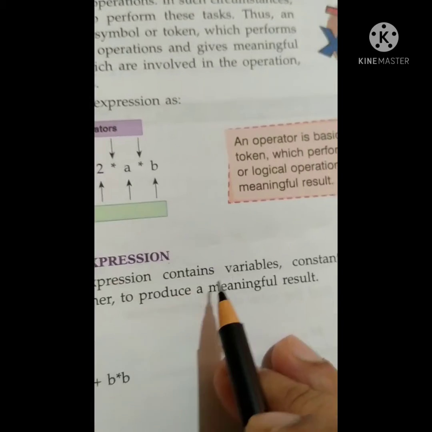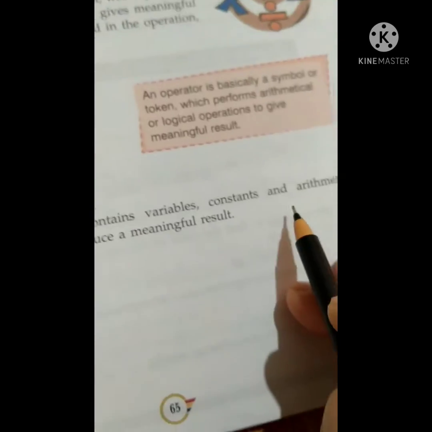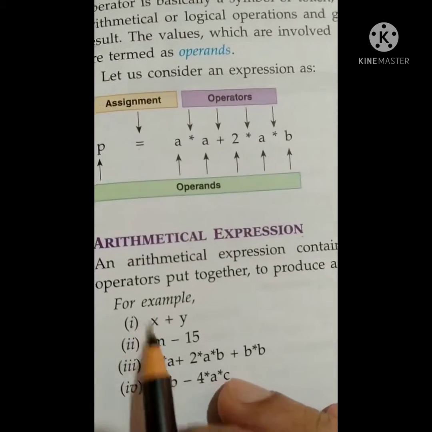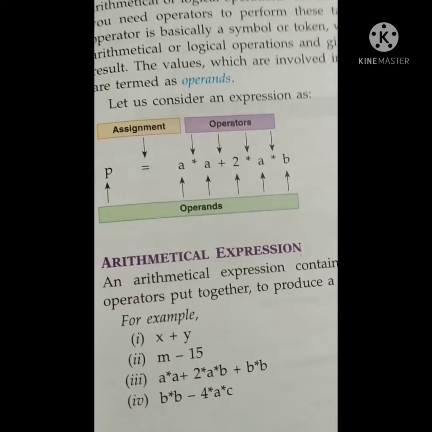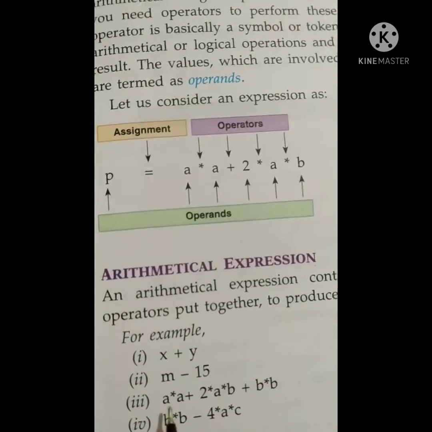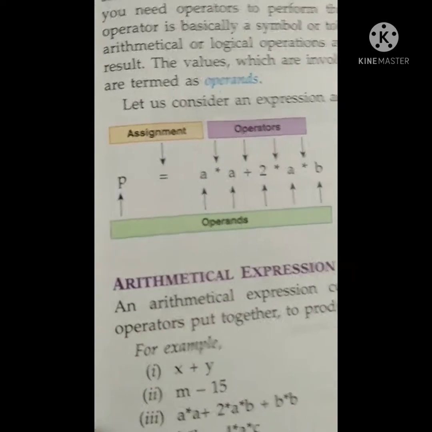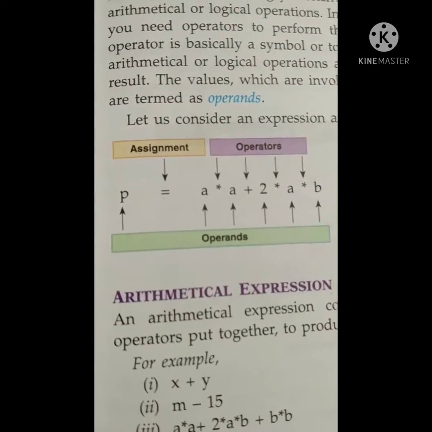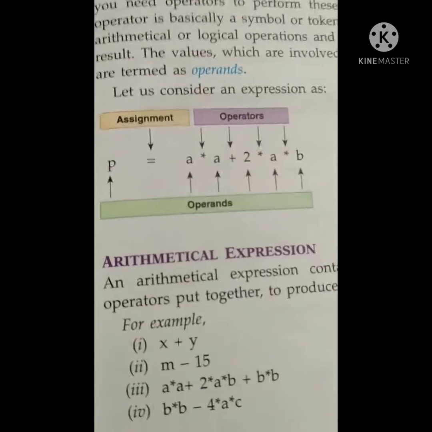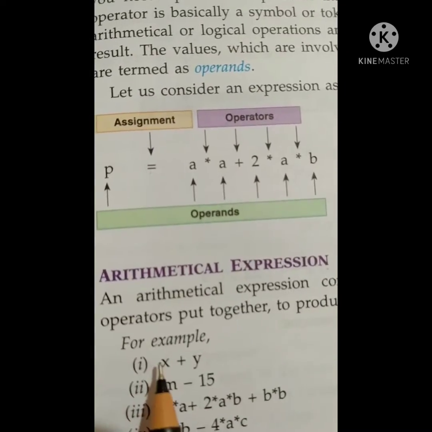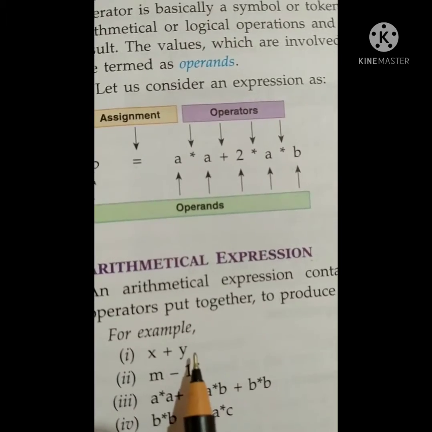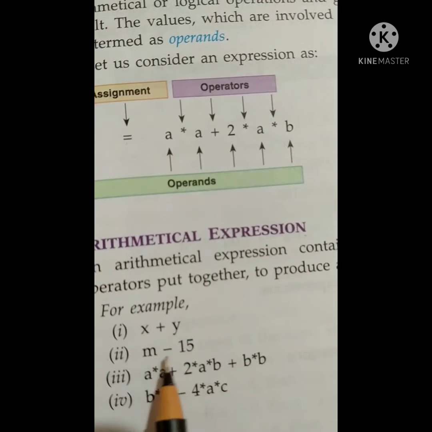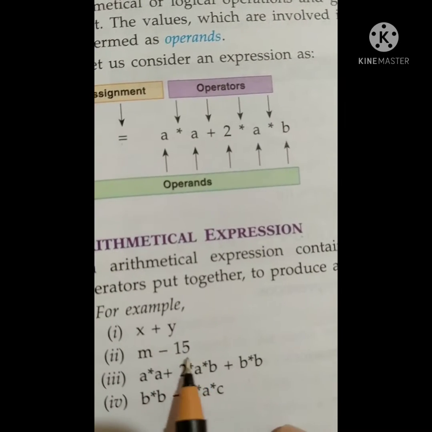So see, an arithmetical expression contains variables, constants and arithmetical operators, okay. For example, the first expression is given: x plus y. Here the value of x plus y is not being stored in another variable, okay. So there is no assignment operator, no other variable. Then we have to understand this is an expression, not a statement, okay. m minus 15: m is a variable, minus is an operator, 15 is a constant.